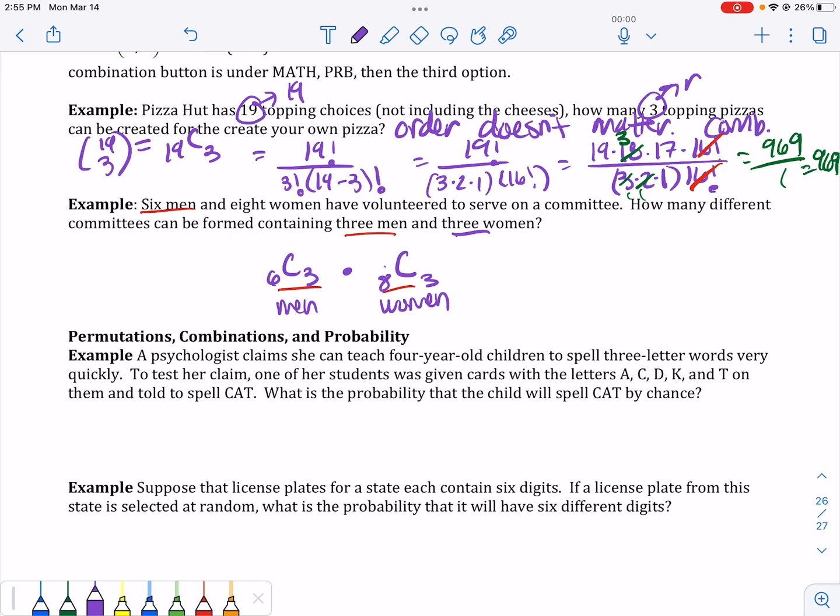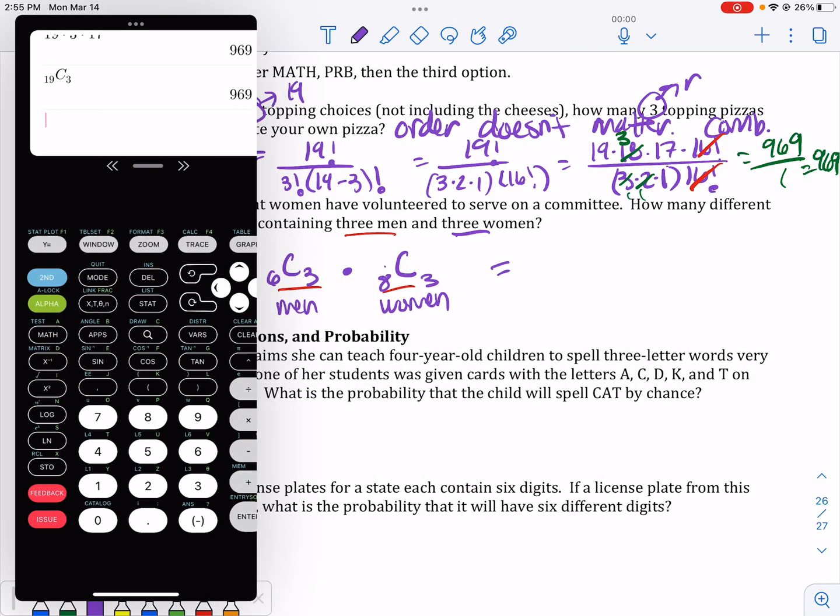Right? So if we simplify that, we can do our 6 choose 3, which is 20, and then our 8 choose 3.